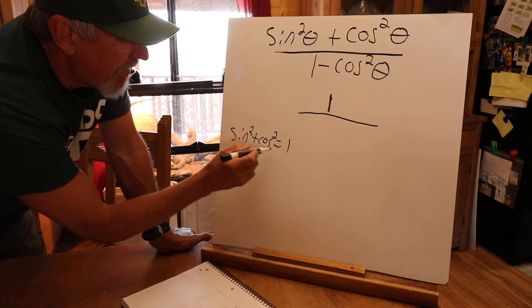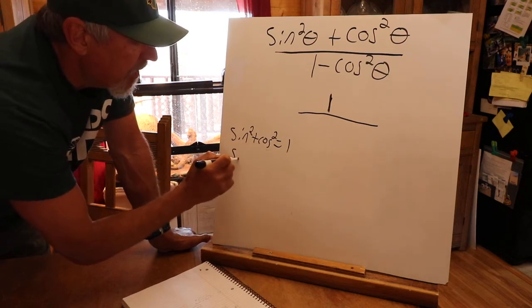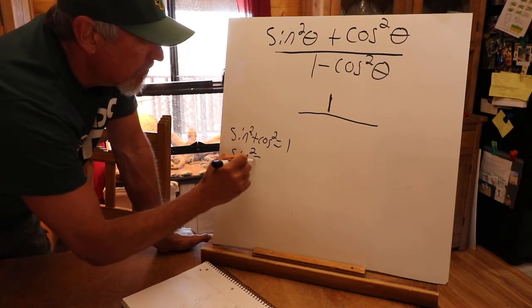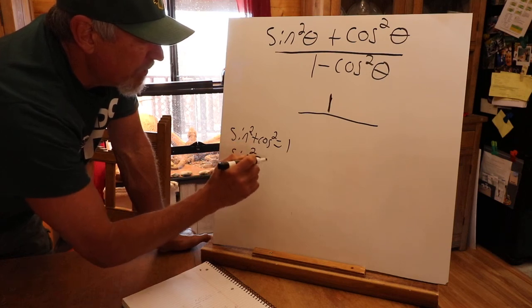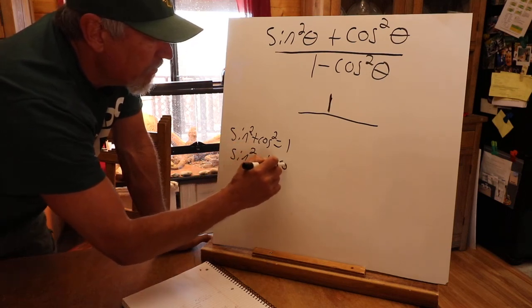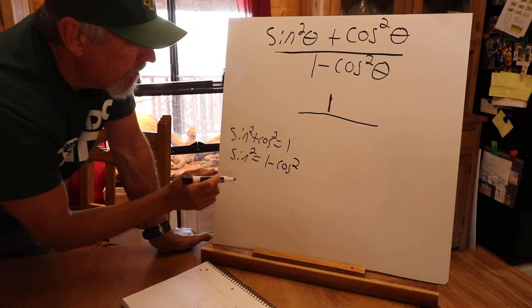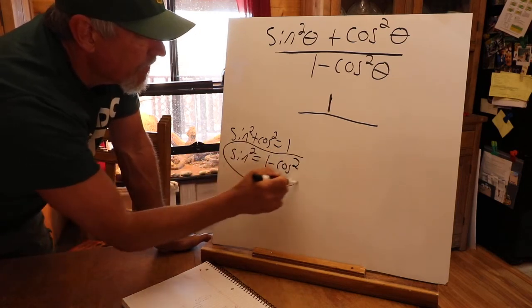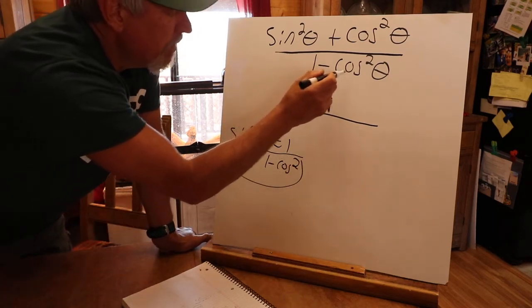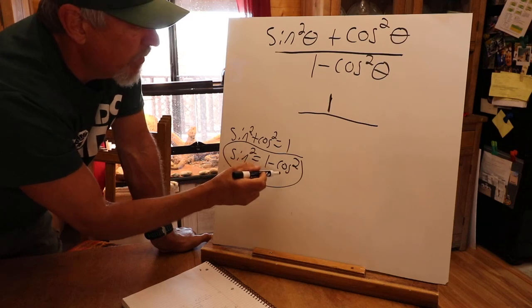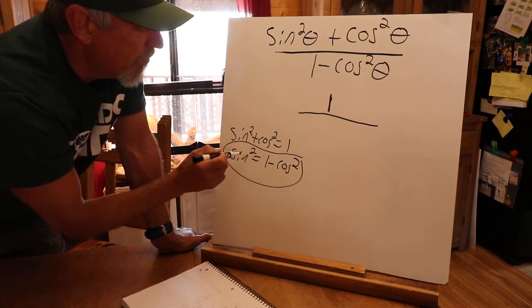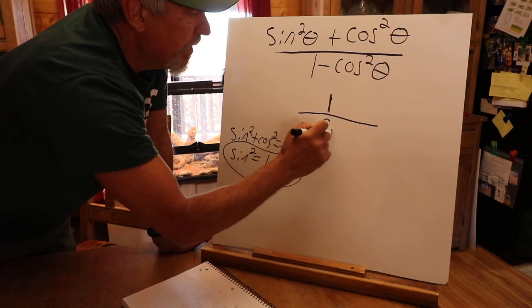So if I take that identity and I rewrite it, it's going to be sine squared. I'm subtracting the cosine squared to the other side. You get 1 minus cosine squared. And look at this. 1 minus cosine squared, 1 minus cosine squared. That means I can replace that with sine squared. So I'm going to do that.